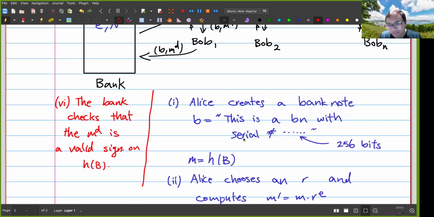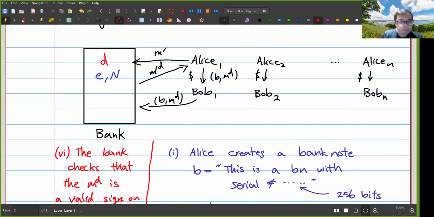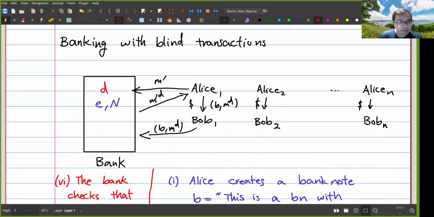And this is actually why I had the serial number in the banknote. So the bank also keeps, let's say, a public list, or it can also be private. It doesn't really matter. So the bank remembers the serial numbers of spent transactions, of spent banknotes.